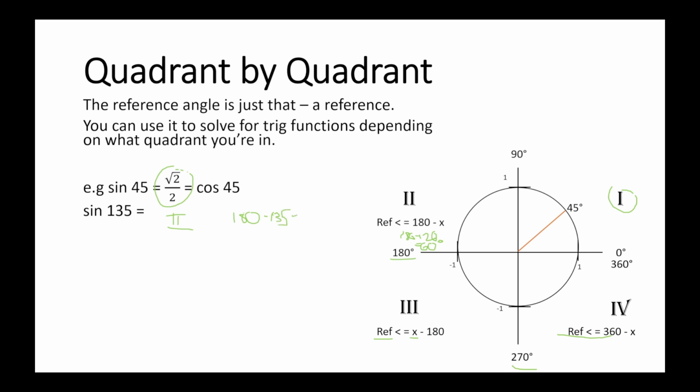That tells me my reference angle is 45 degrees. How do I use that? Since this is my reference angle, I can solve for what sine of 45 is. I just told you that sine of 45 is equal to radical 2 over 2.